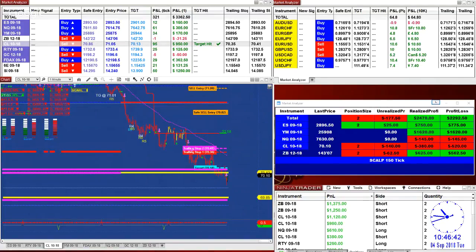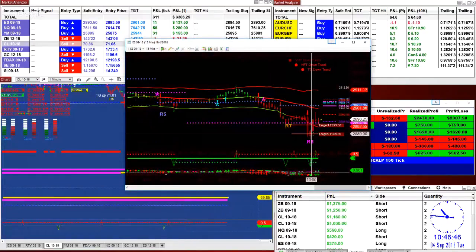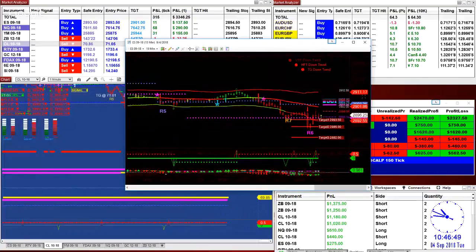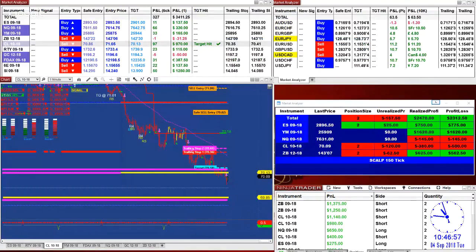For the guys looking at those institutional numbers, look at this. We have already hit target 1 and target 2, and those were supposed to be hit before 12 o'clock on the 15 minutes. Most of the institutionals use the 15 minutes.